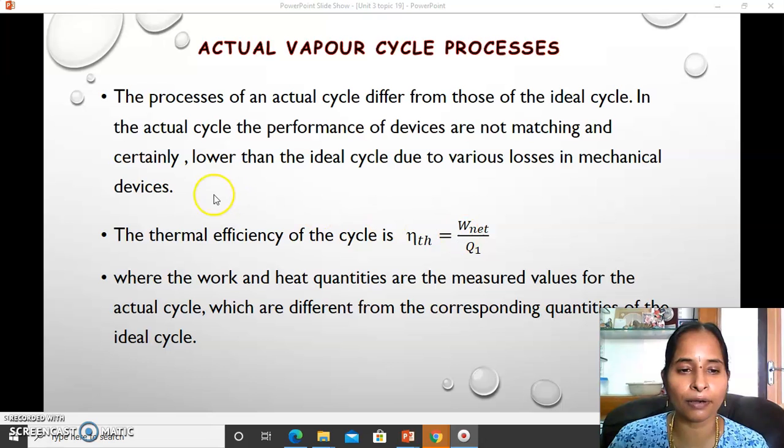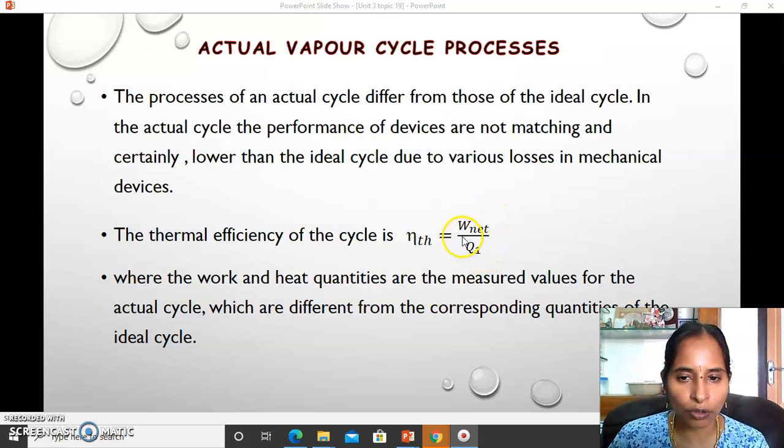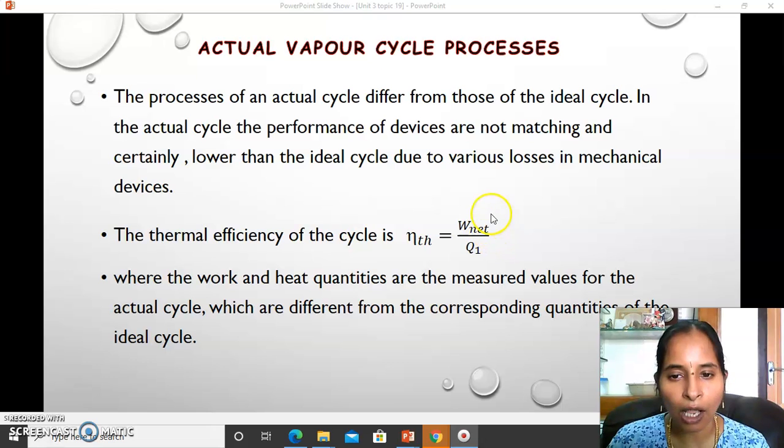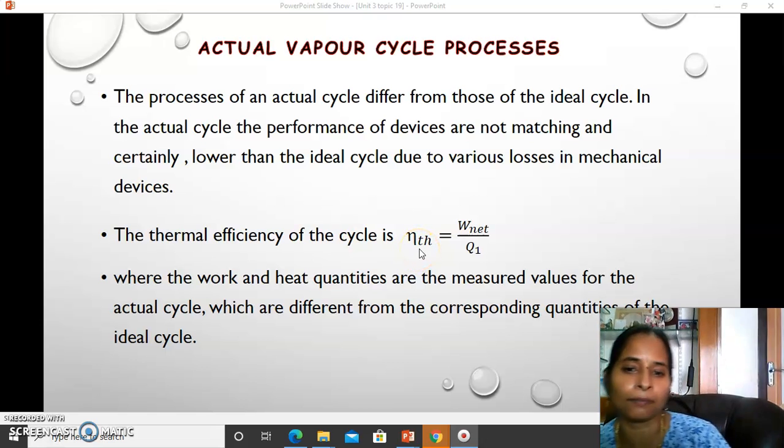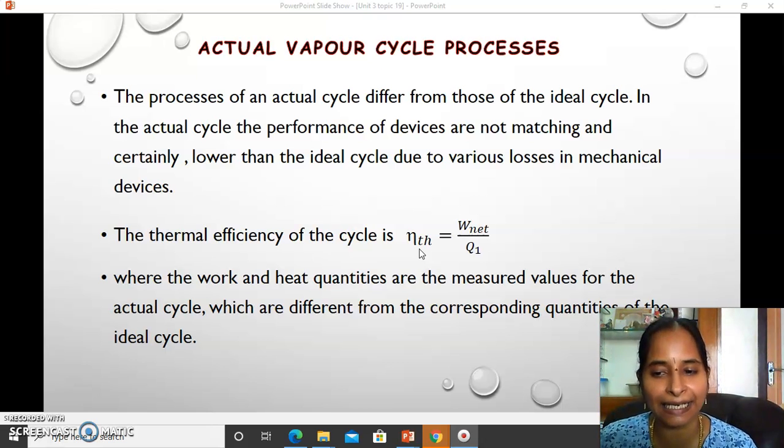Now you know very well the thermal efficiency equation for the Rankine cycle is nothing but net work done divided by heat supplied. So here we are going to concentrate on what happens to net work done and heat supplied, that is, why the thermal efficiency is decreasing.